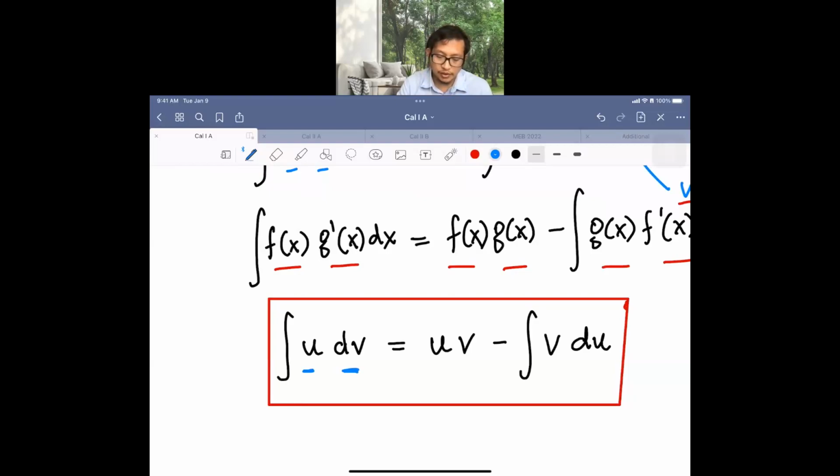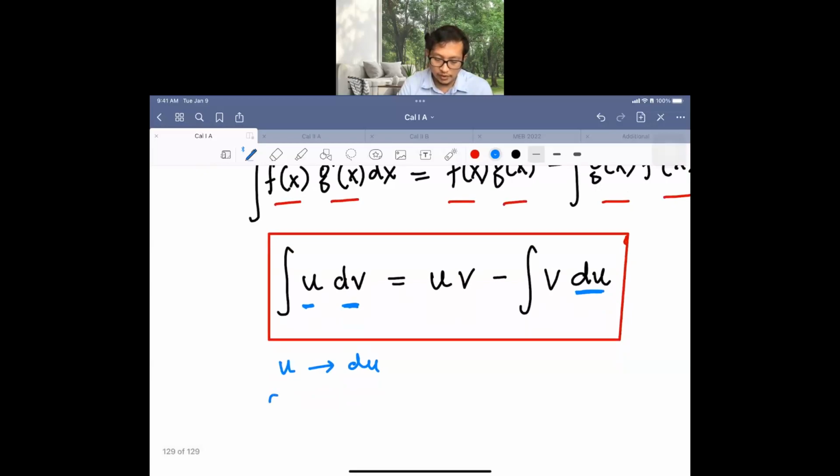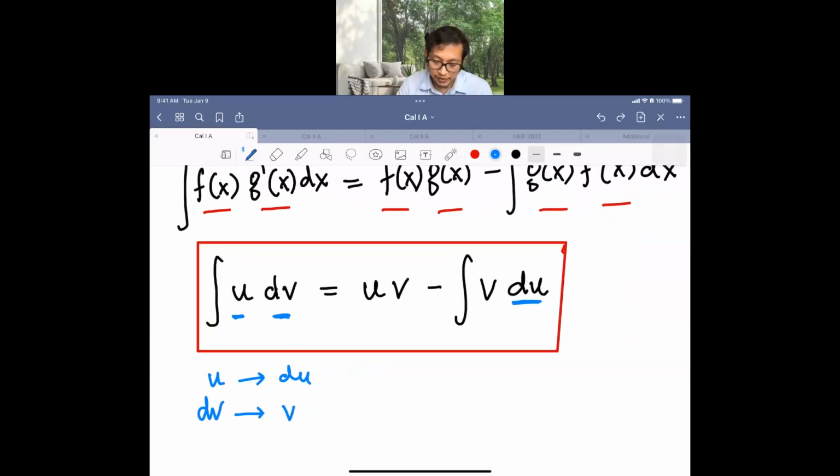Then you take u, take the derivative to write here, and take dv, take the integration to get v, and you can write here and here, and arrange in order. By doing that, we still have an integration here, but sometimes it will be an easier integral. Well, it could also be another by parts. So this is what we call integration by parts.